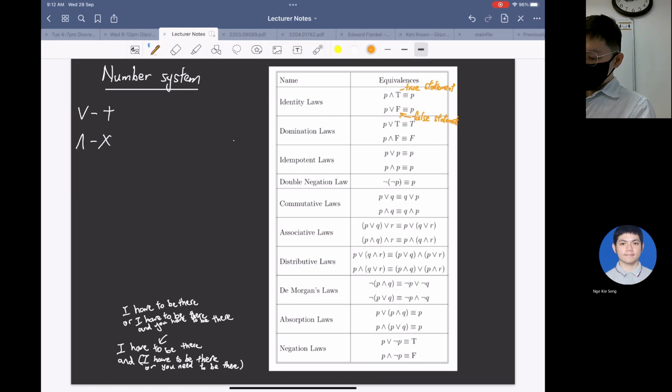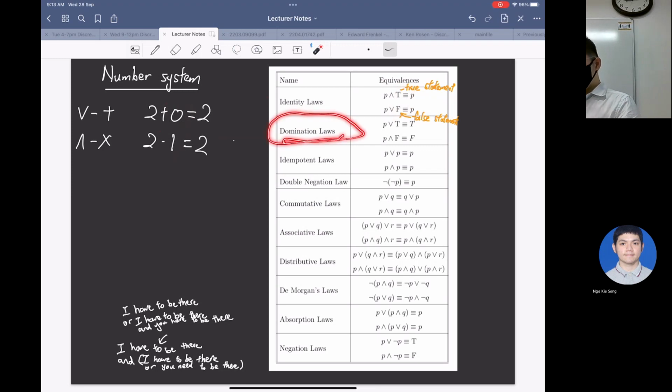In conjunction with a true statement, you always get back your own statement. Like in numbers, 2 added to 0, you always get 2. Like 2 multiplied by 1, you always get 2. These are the additive identity and the multiplicative identity. Similarly, true and false will be the identity elements.